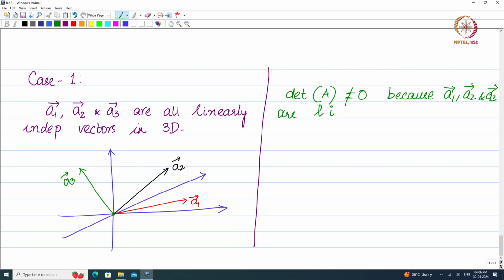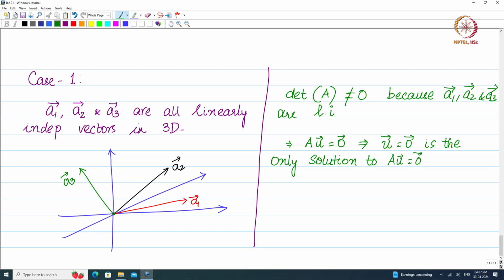So the determinant of A is not equal to 0, which means A u equal to the 0 vector implies u is equal to the 0 vector, and that is the only solution to A u equal to the 0 vector.